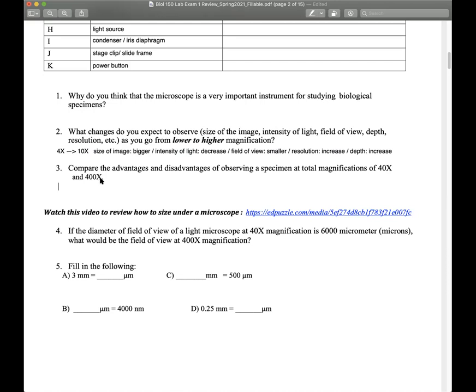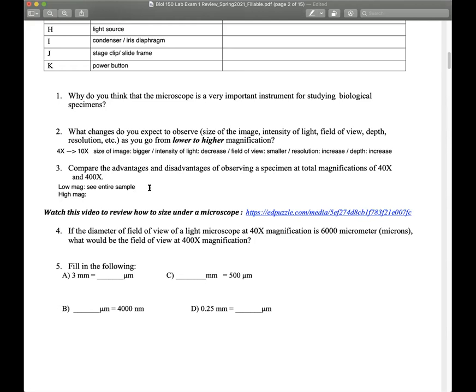Okay, so at low magnification, we can see the entire sample, the big picture of things.